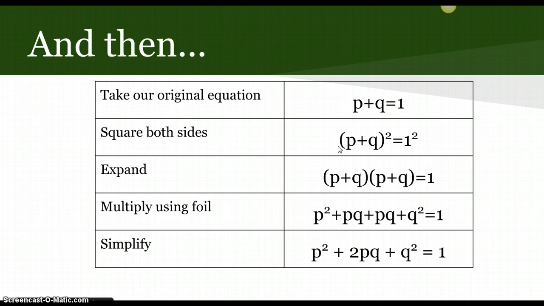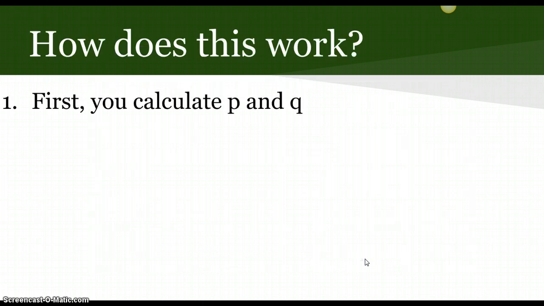We square both sides. We expand this out, so we know that 1 squared is 1. And then p plus q times p plus q. We use FOIL, first, outer, inner, last, and multiply this out. We get p squared plus pq plus pq plus q squared equals 1. We simplify that down, combining the two pq's. All right, so that's the math part.